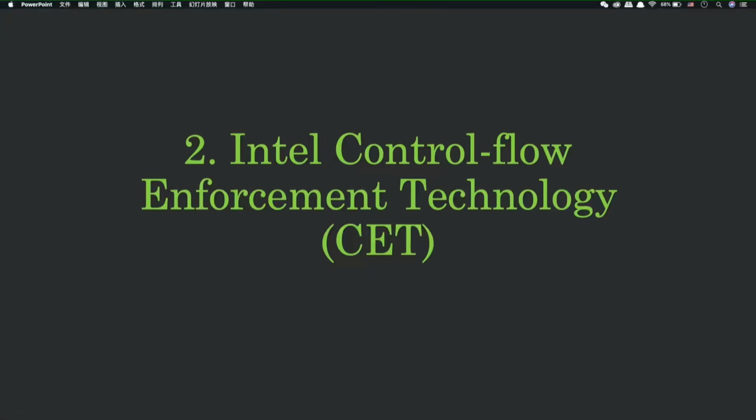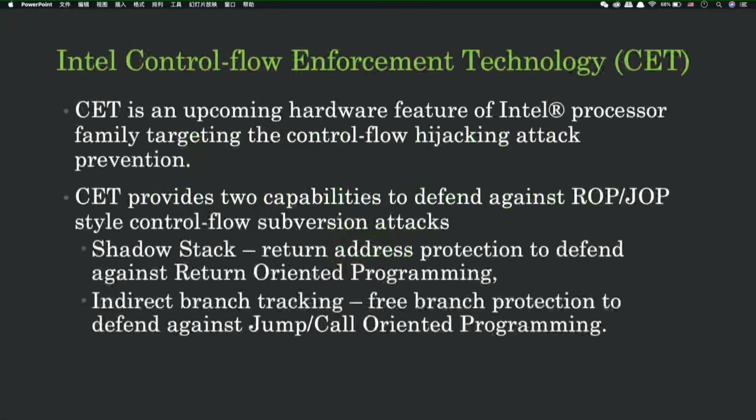This is where the control flow enforcement technology, CET, came in. Intel implemented this as a hardware feature for the new processor families. The basic idea, as we said, is to prevent control flow hijacking.